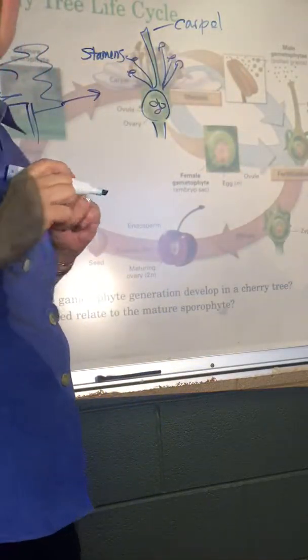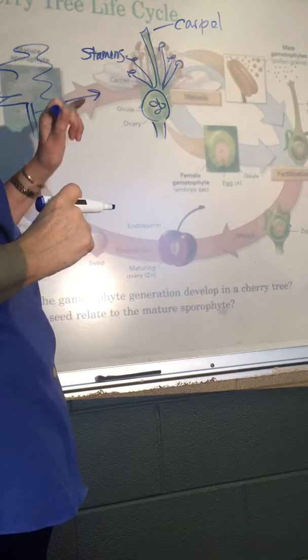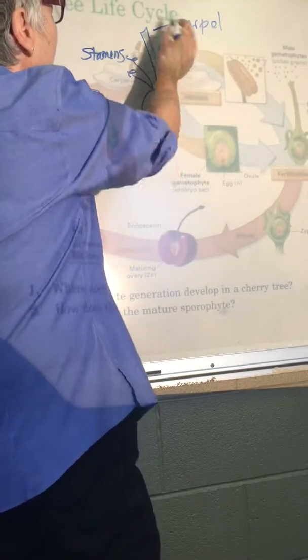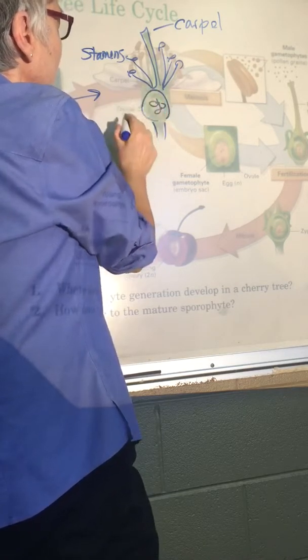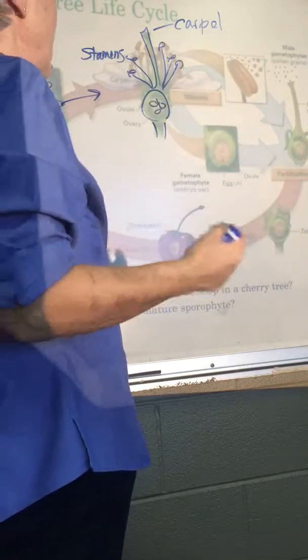And what's important right now is that we're going to look at two different parts here. Within the carpel, or the female part, there is located an ovary, and within an ovary can be one or more ovules.